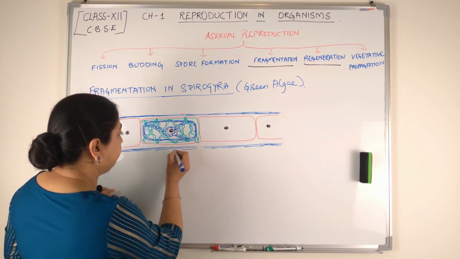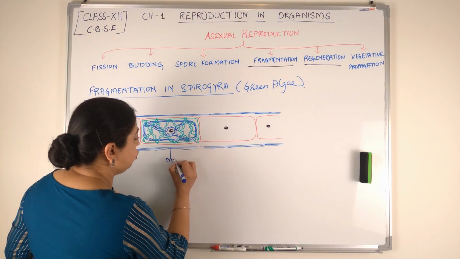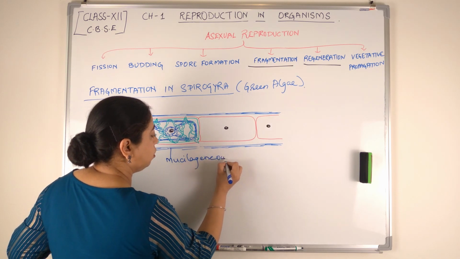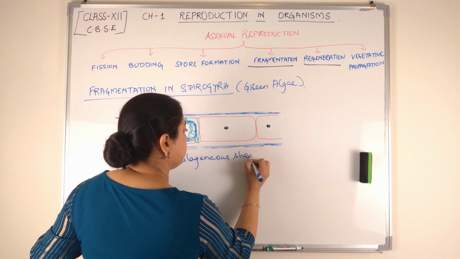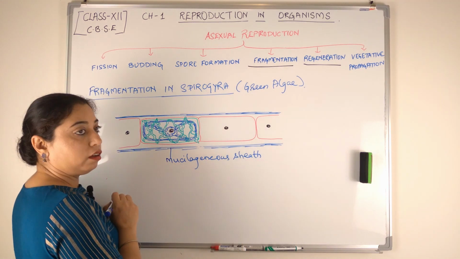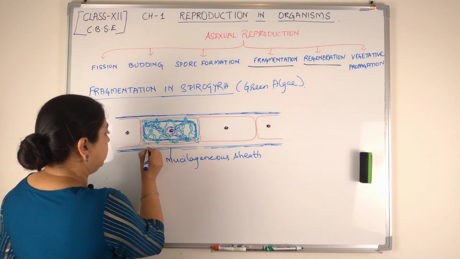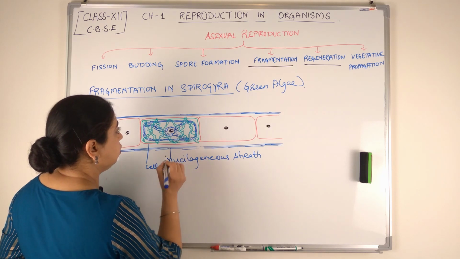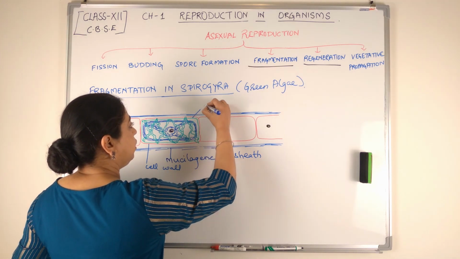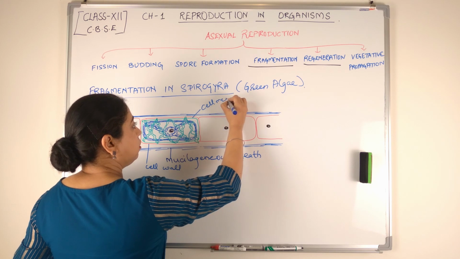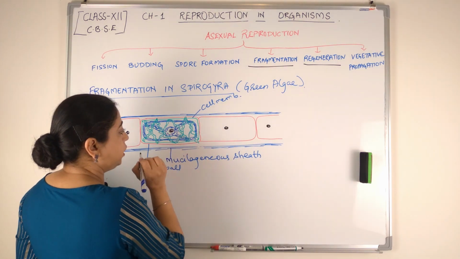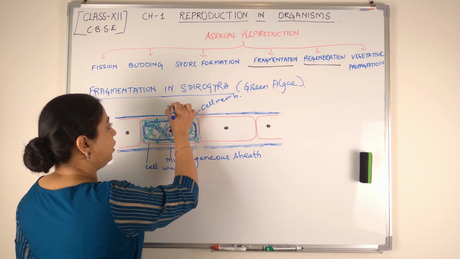Now let's label them. This is the mucilaginous sheath. Then the next layer is the cell wall. Then this one is the cell membrane. The central one is the nucleus.